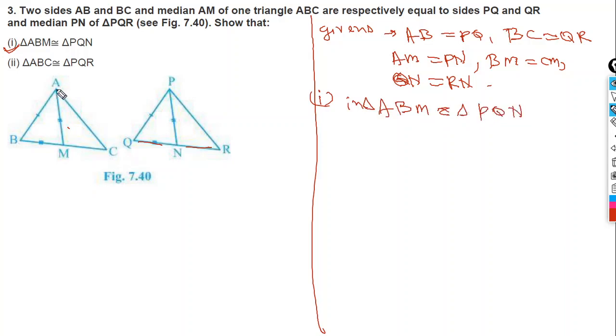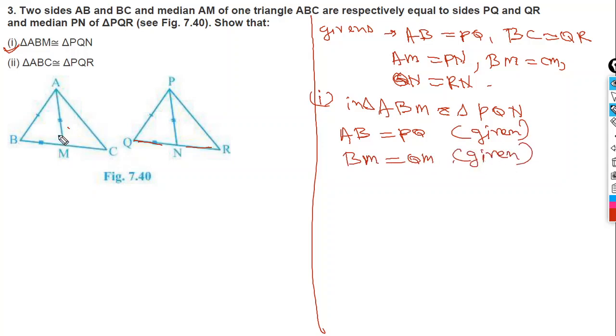In between these two triangles, you have AB equal to PQ, reason: it is given to us. Then BM equal to QN, it is also given. Then AM equal to PN, it is also given.